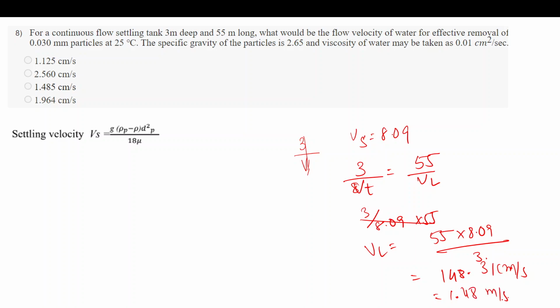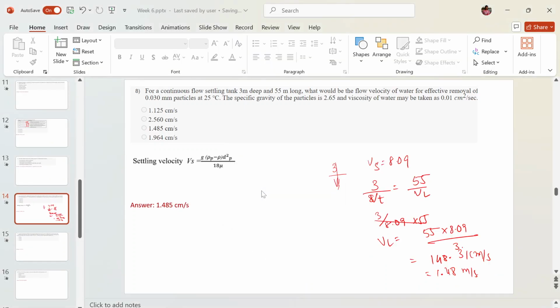Let me just check the answer. I guess it has to be in meter per second.